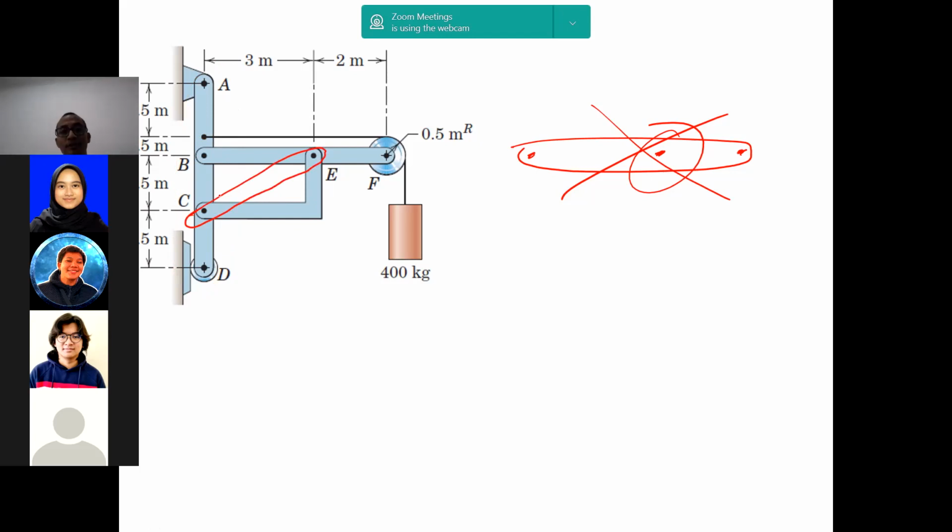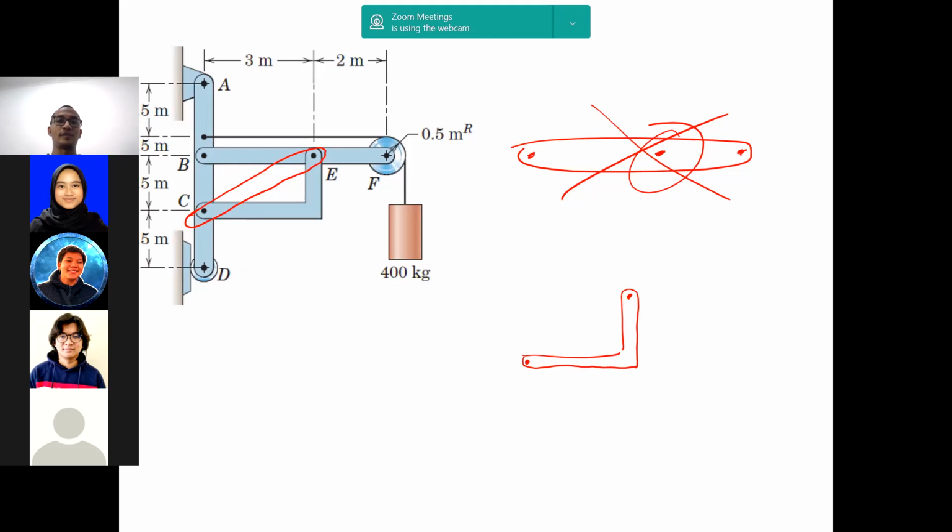Why is it a two force member? Because the force is only happening at both ends, and there is no moment and no friction at both ends. So it's a two force member. And if you ask me, in that case, how can we draw the direction of the force? What do you think?